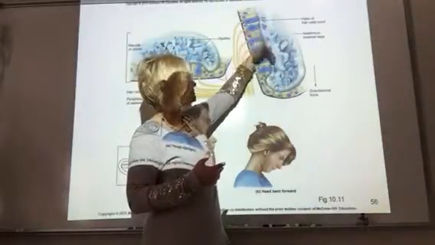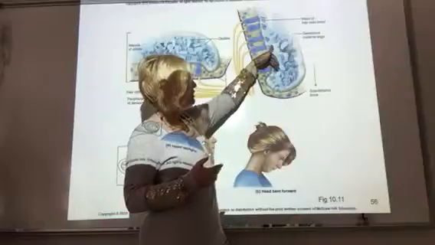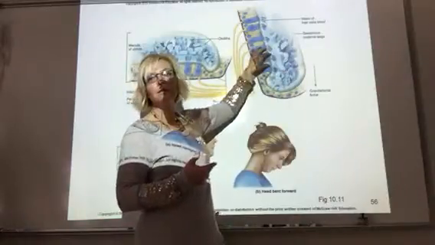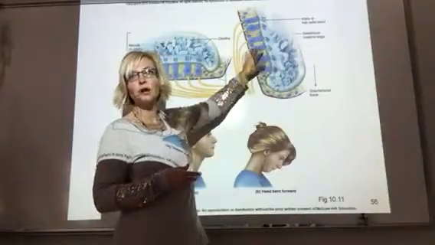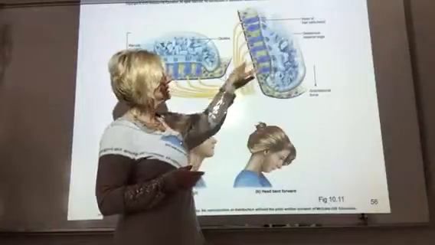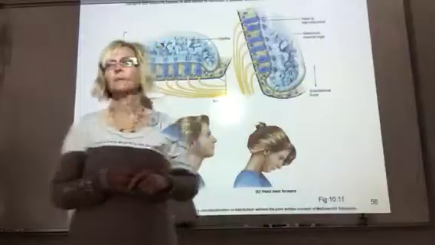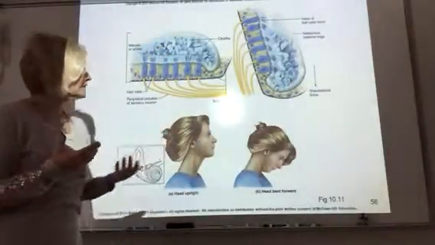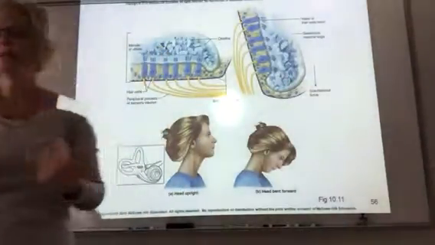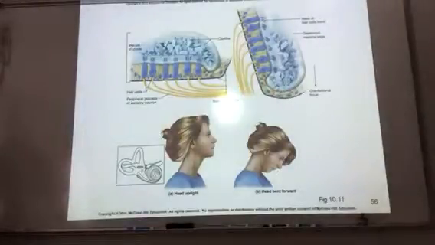Your hair cells bend and flow with that, and then that impulse from the hair cells is picked up by a nerve, and it's going to be carried to your brain. Which is why sometimes if your head tilts quickly or something like that, it causes dizziness.